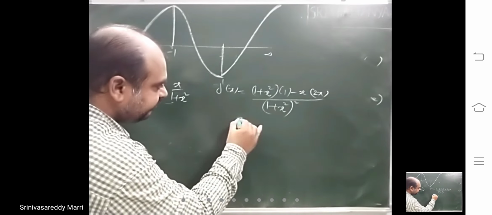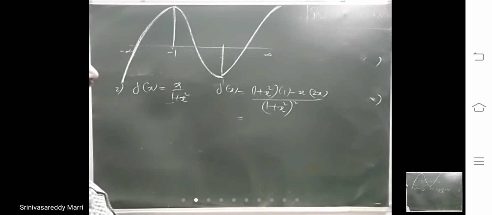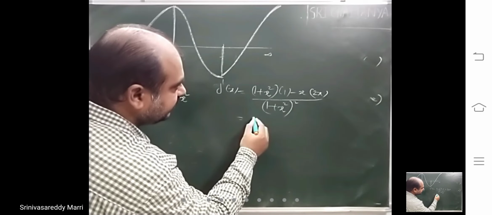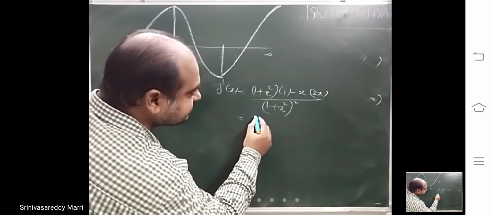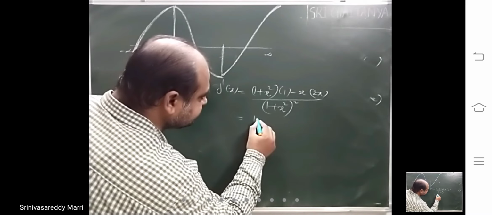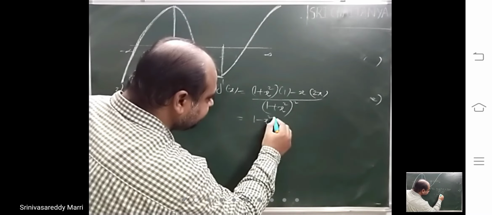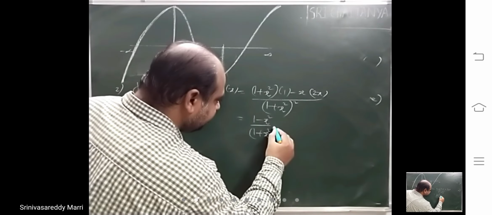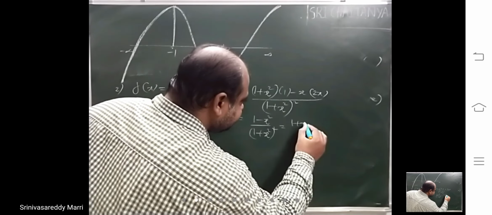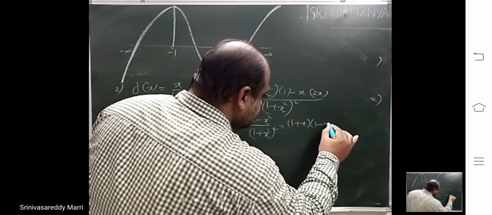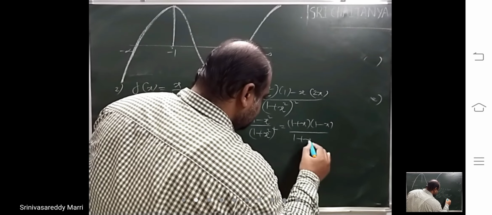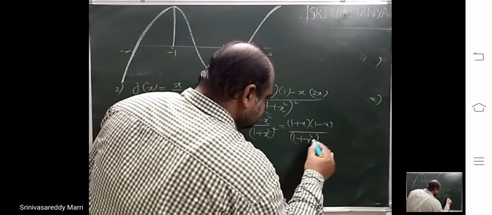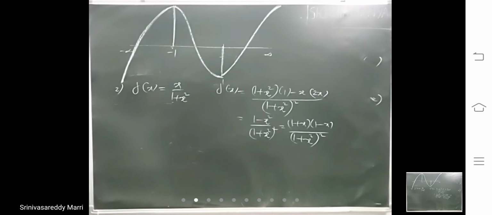Always keep it in the factorized, simplified form. 1 plus x square minus 2x square, that means (1 minus x square) divided by (1 plus x square) whole square. Keep it in the factorized form always. So the first step is f dash x in simplified form.